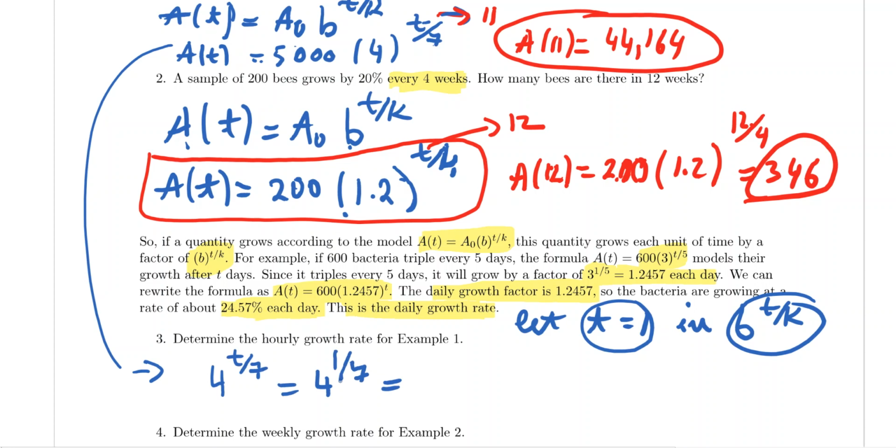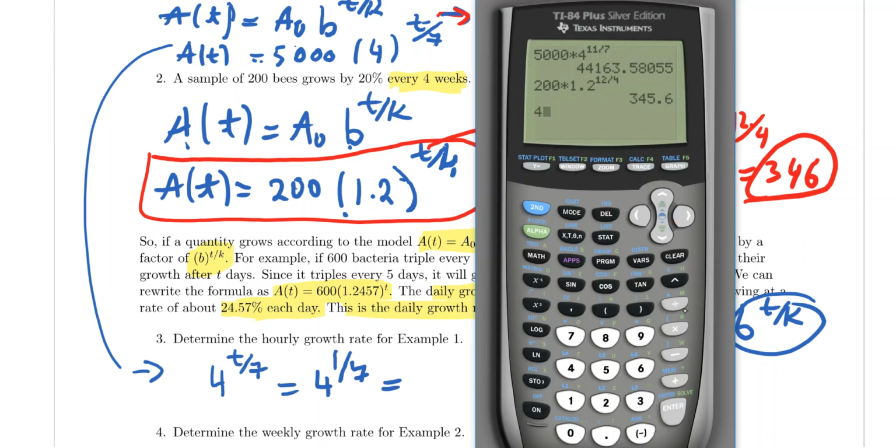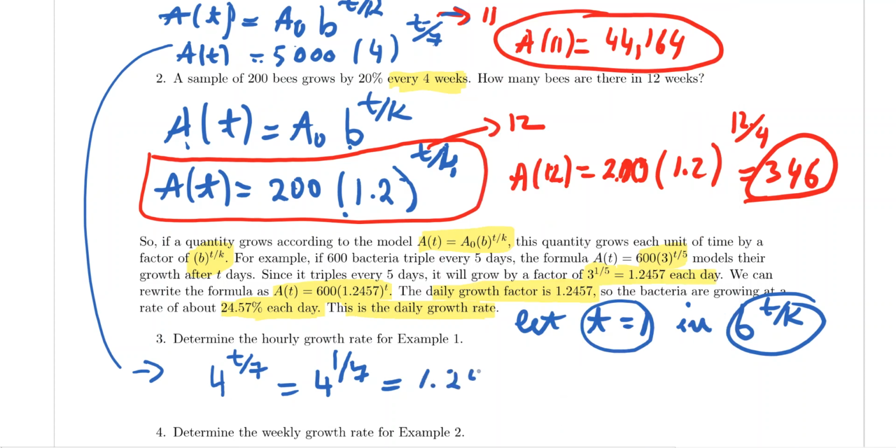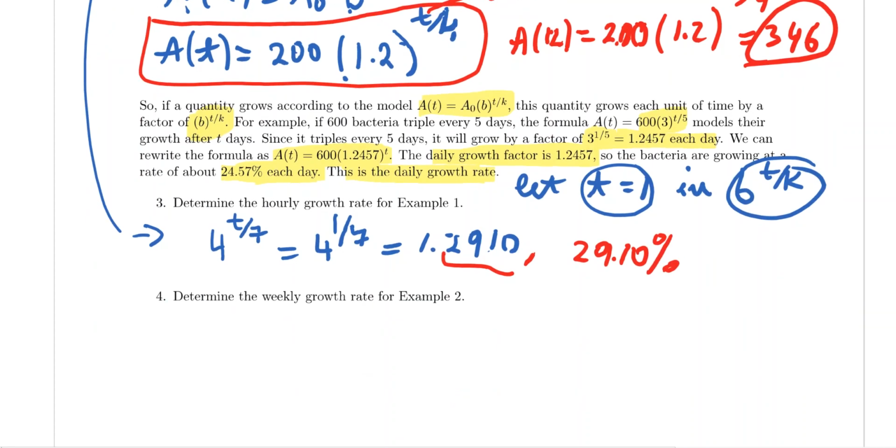When you put it in your calculator, you get 4 to the power 1 over 7, which gives you 1.2910. So this means that the hourly growth rate is this portion, 29.10%. So it quadruples every 7 hours, but in an hour it only grows by 29.10%.